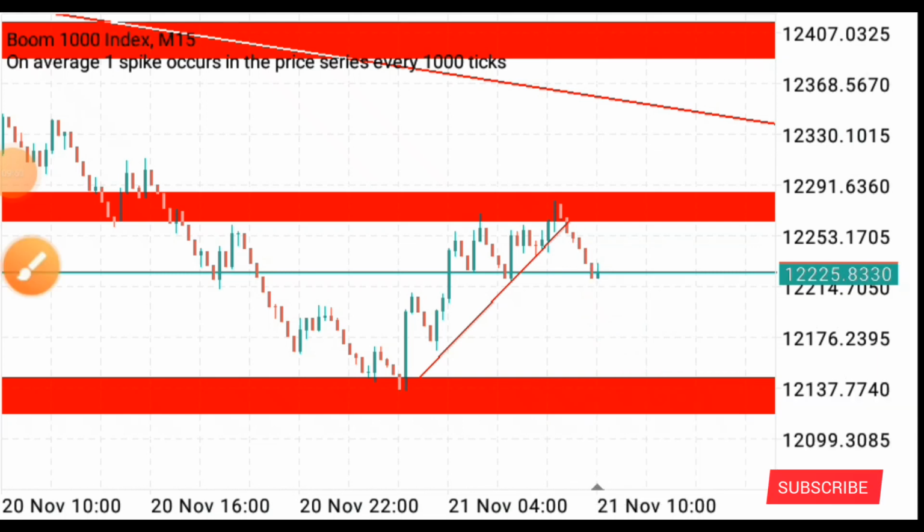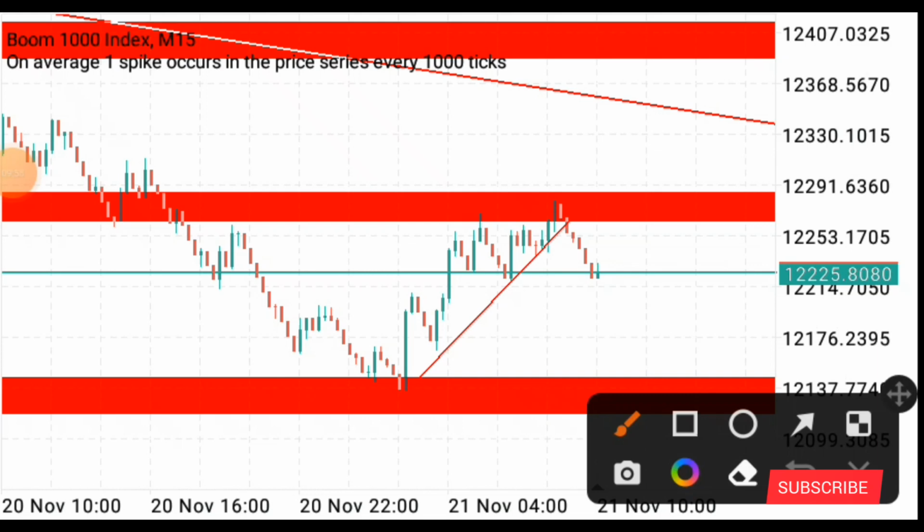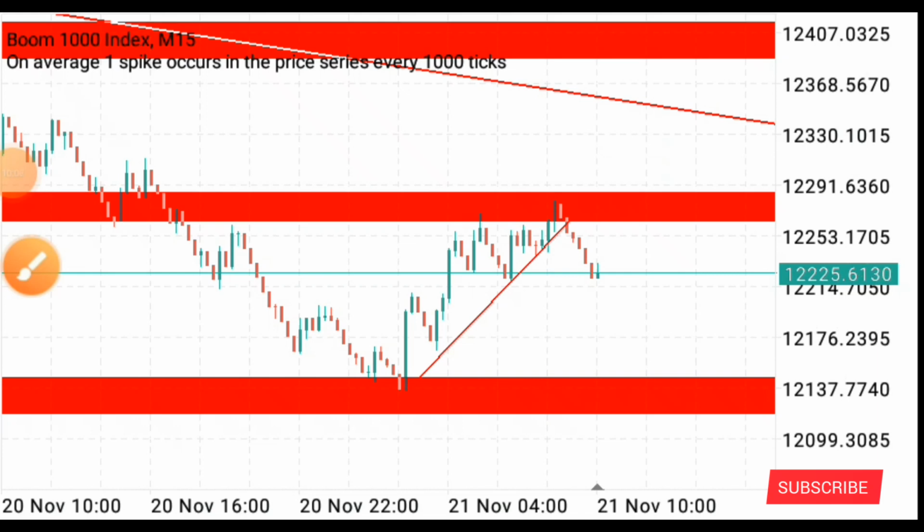Or this thing you can't predict, it will spike up, break this resistance zone here, retest it, and then continue to this side. So these are the things that will happen in this market right now.